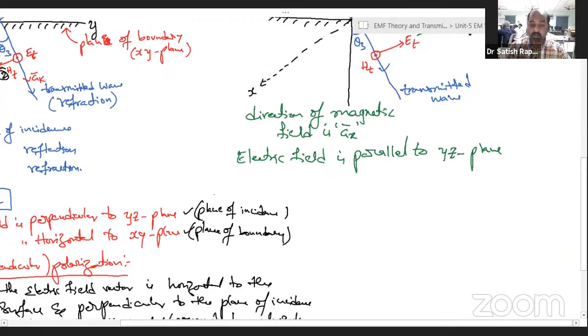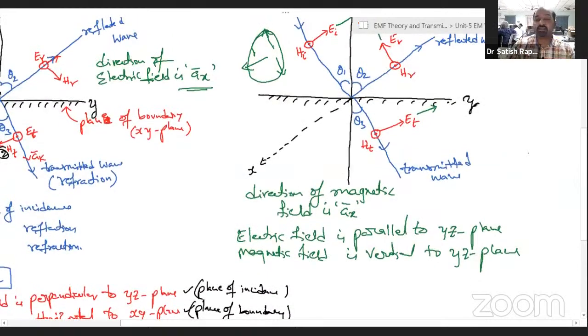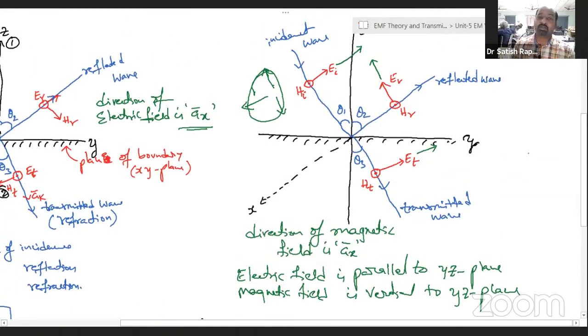And magnetic field is vertical to what? Vertical to YZ plane, right? Magnetic field is vertical to YZ plane.